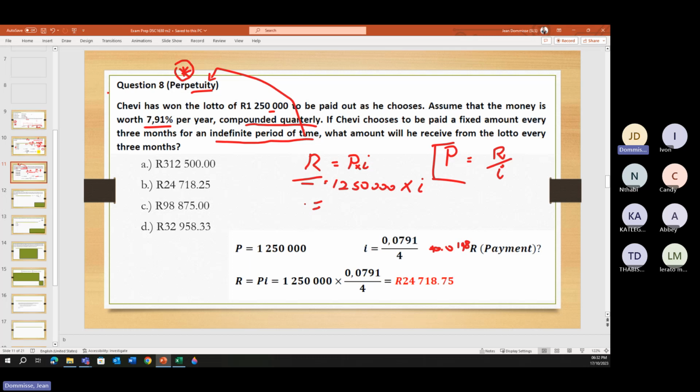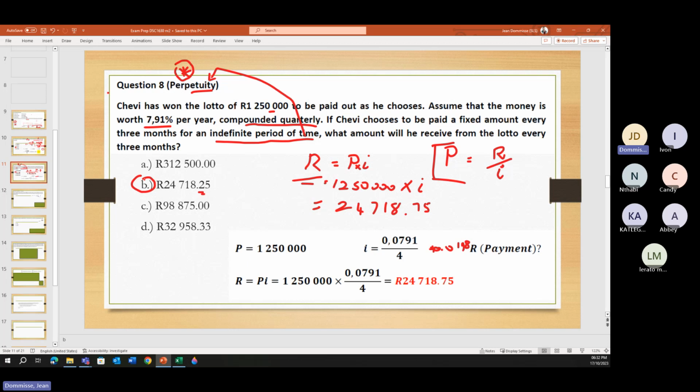So we will have 0.0791 divided by 4 times the 1.25 million. So that answer will be equal to 24,718.75. So again, you can now see where I rounded off. It gives you basically a 50 cents difference.